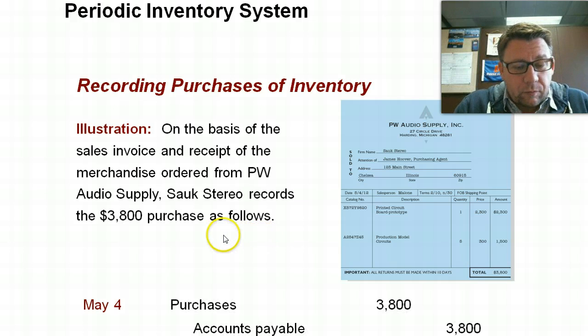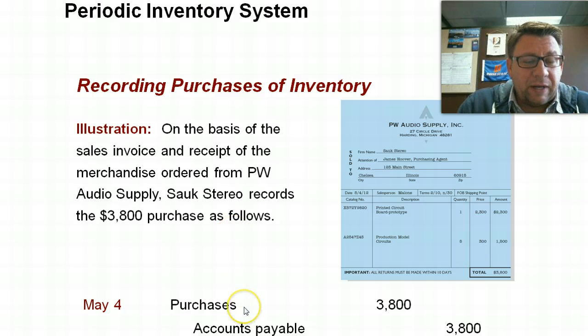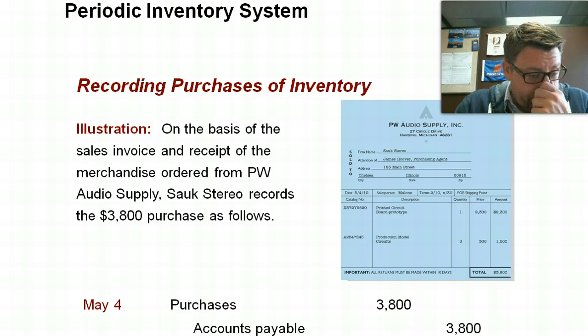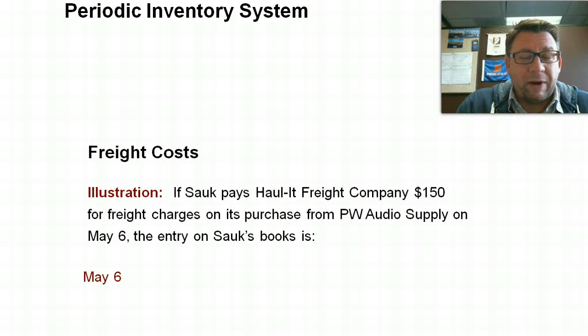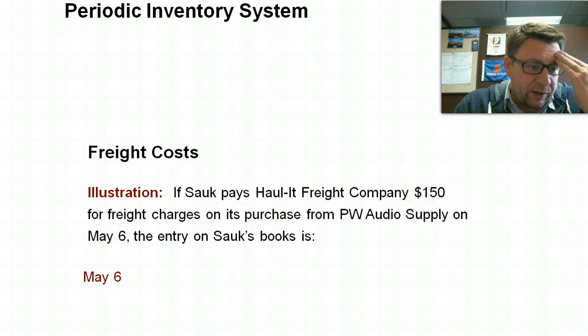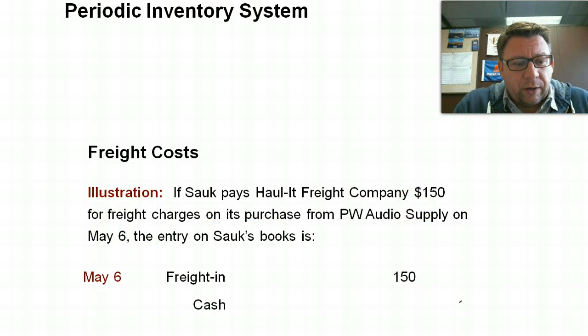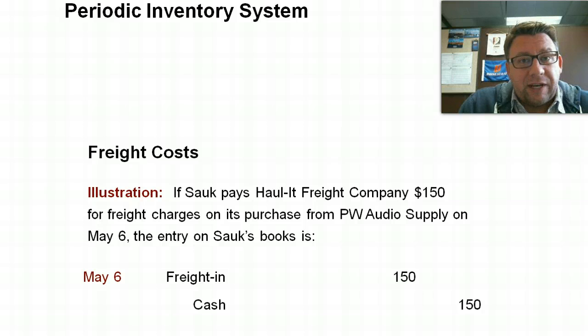However, we don't debit inventory. Since we don't track inventory in and out, we debit an account called purchases. What about freight? If we pay the freight company $150 for the freight, we don't debit inventory and credit cash. We debit freight in and credit cash.